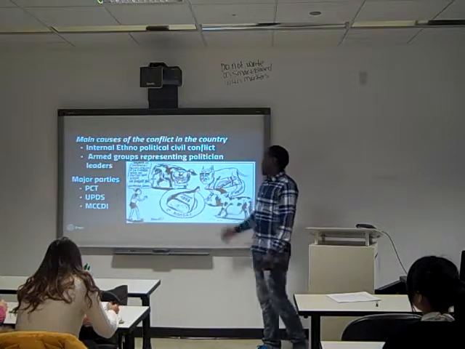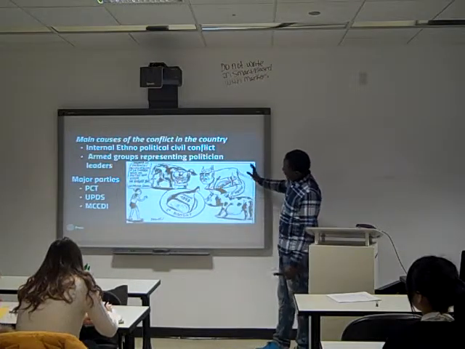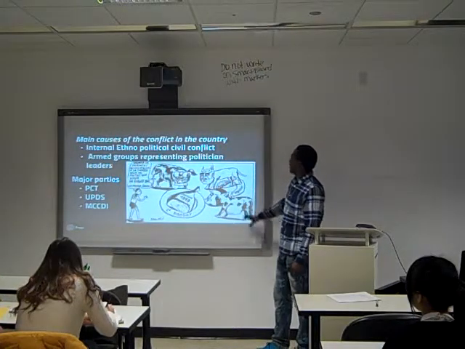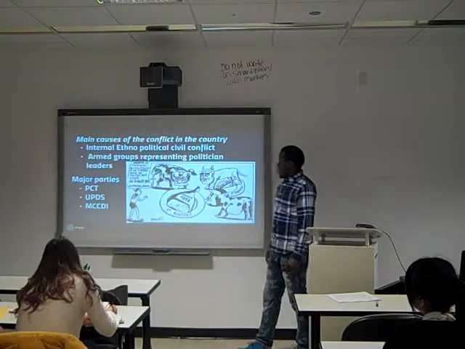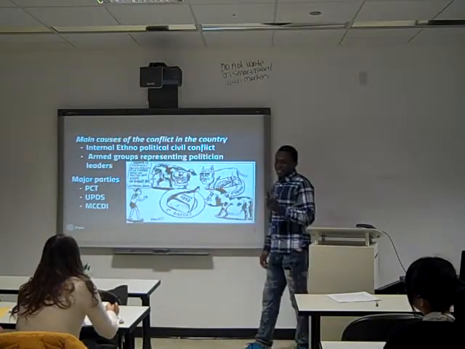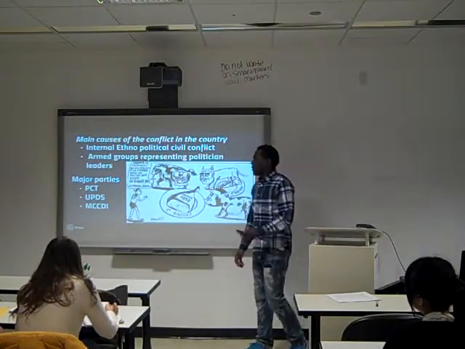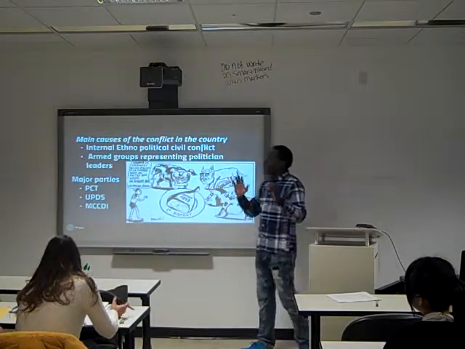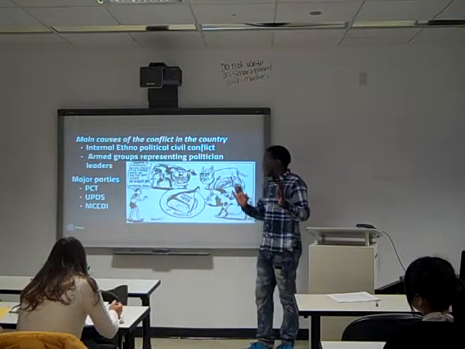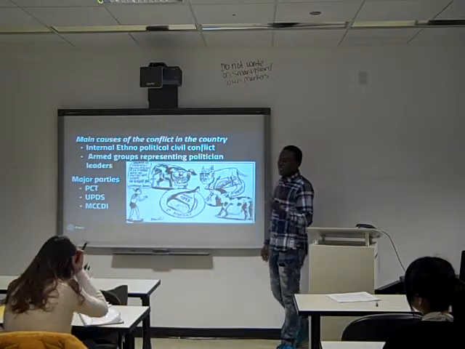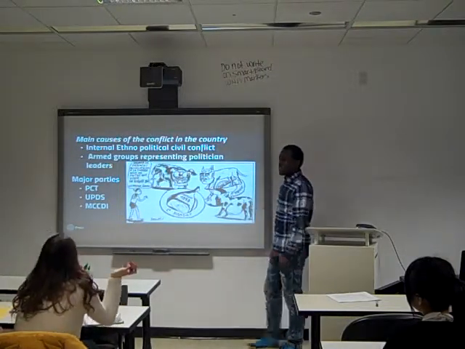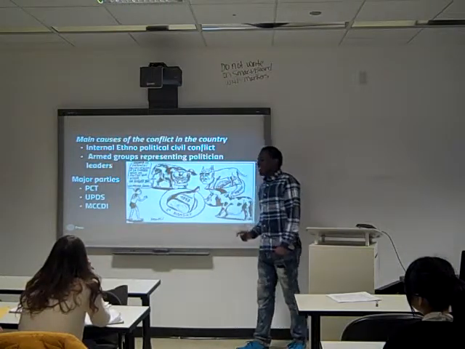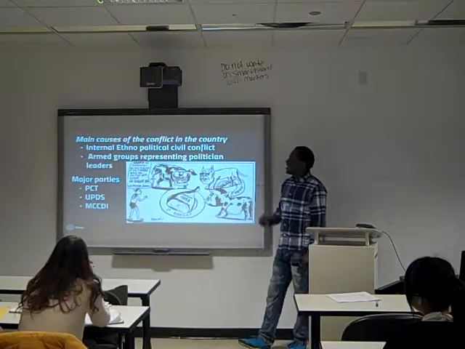The main causes, as you can see on this drawing: when the Congo gained independence, the country didn't have a multi-party system. We only had one single party that was ruling the country until 1990.